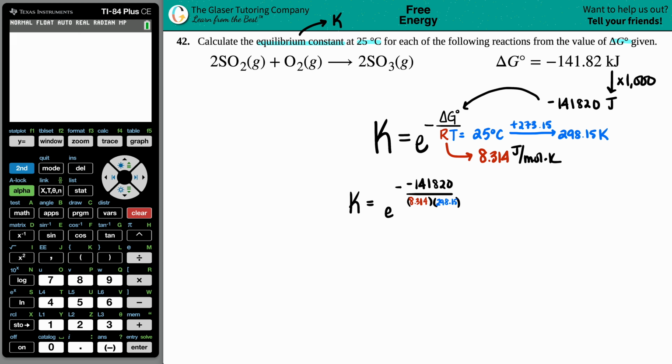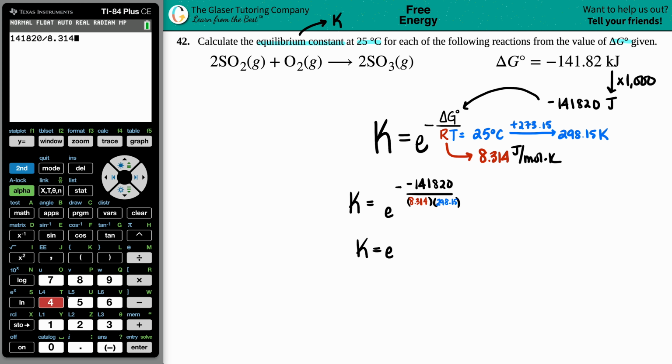Okay. Now the easiest way is to just simplify this all into one number. Then I could take the E value and just raise it to the one number. So that's what I'm going to do here. K equals E raised to something. Now remember, a negative times a negative is a positive. So I'm just going to pretend that these don't really exist. I'm just going to plug it into the calculator as a positive, 141,820 divided by 8.314.